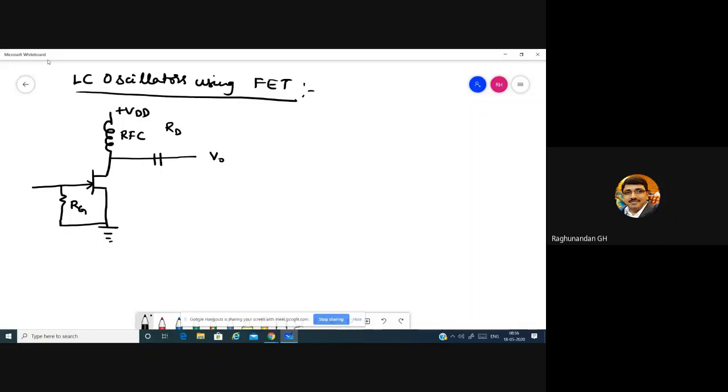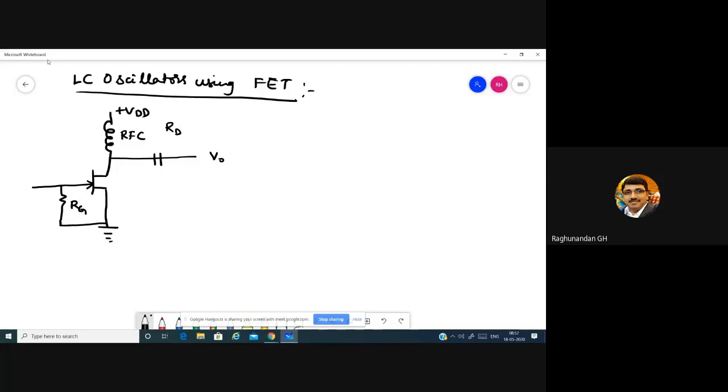Here RFC is used because FETs are low gain amplifiers. When you compare the gain of the FET with the gain of BJT, BJT has more gain and FET has a lesser gain. But because of the immune characteristics FET has, it is immune to noise.